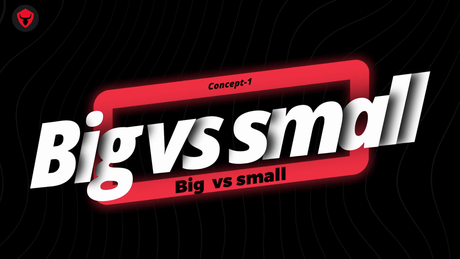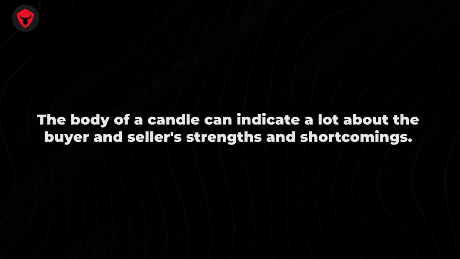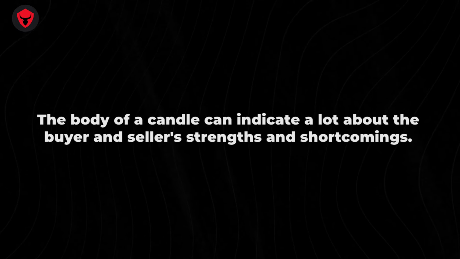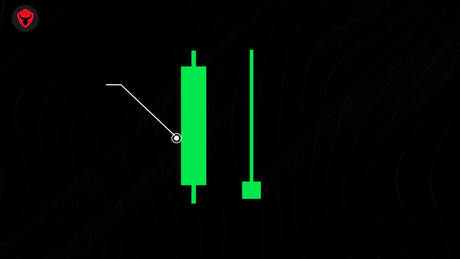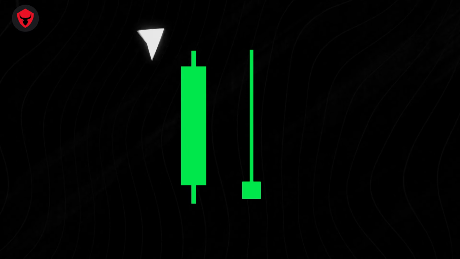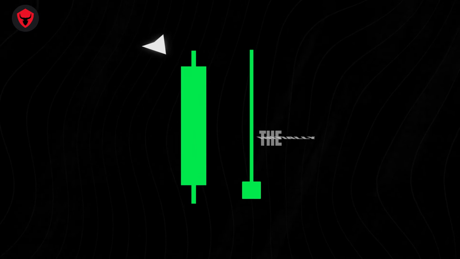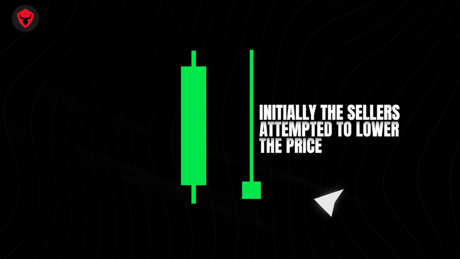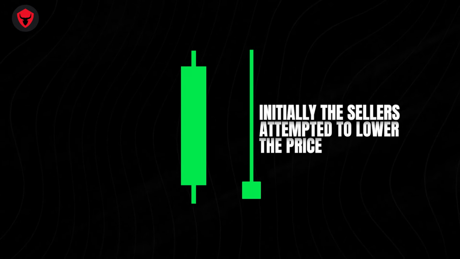Concept 1. Big versus small body. The body of a candle can indicate a lot about the buyer and seller's strengths and shortcomings. For example, consider two green candles. The candle on the left has a large body and relatively short wicks. Initially, the sellers attempted to lower the price, but they were ineffective.